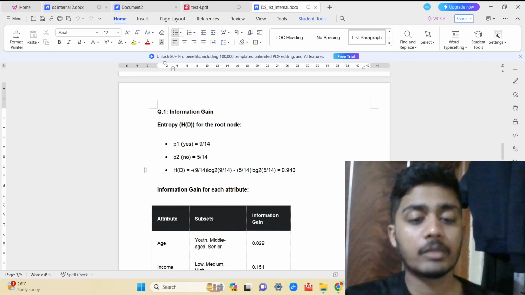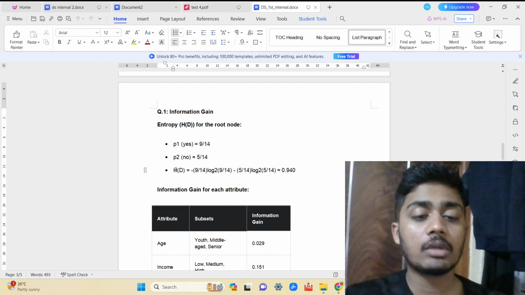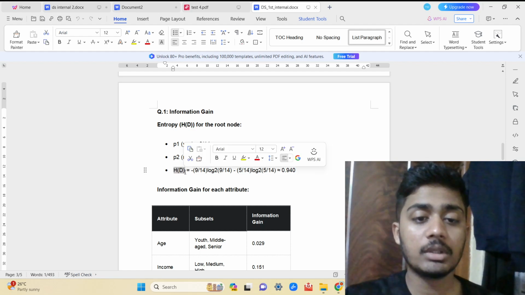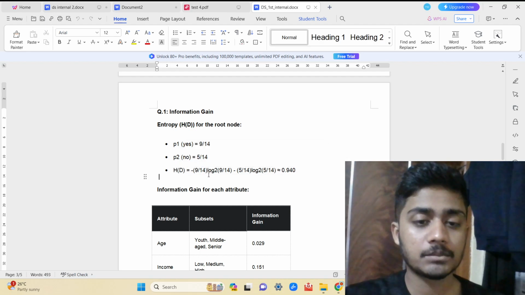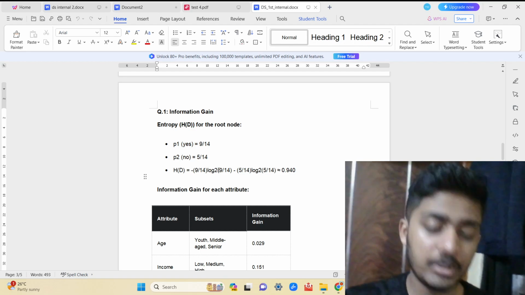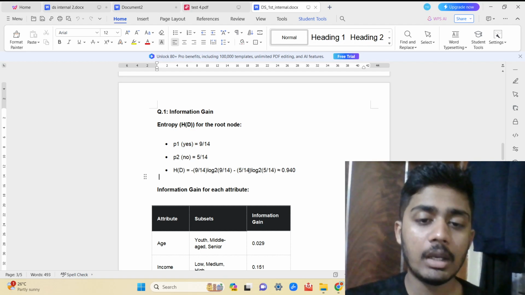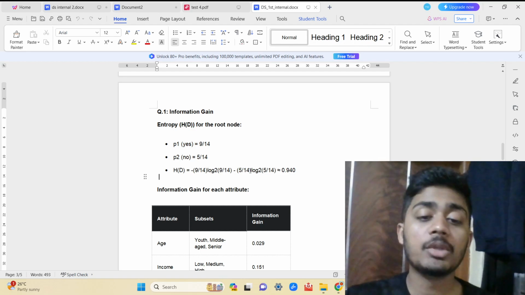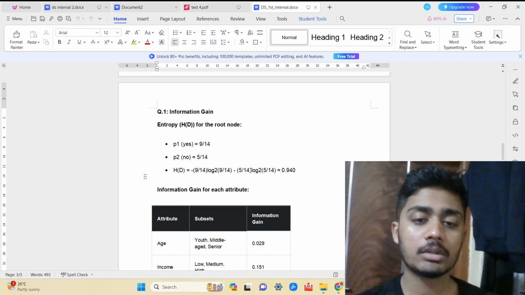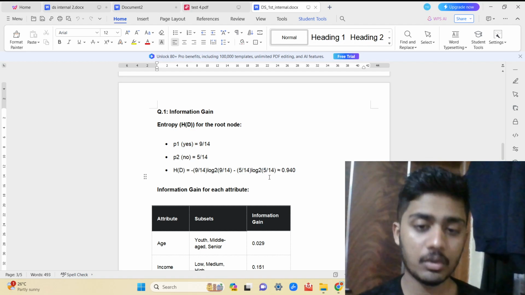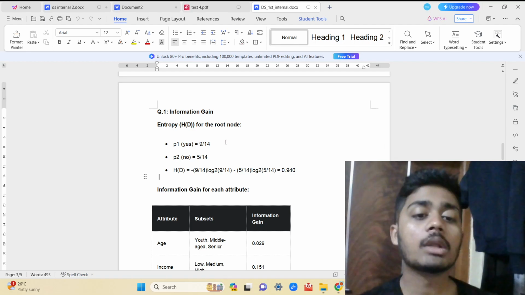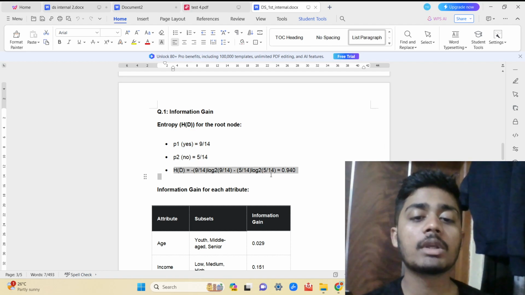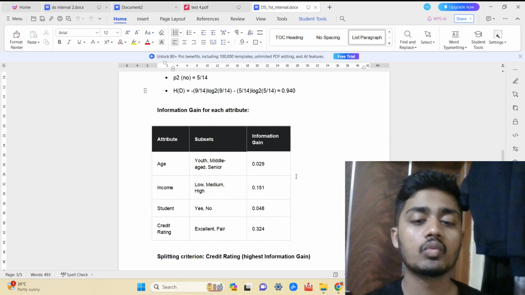Now the entropy will be minus P upon P plus N log of P upon P plus N, minus N upon P plus N log of N upon P plus N. With this entropy formula we get the answer, which is nearly equal to 0.940.